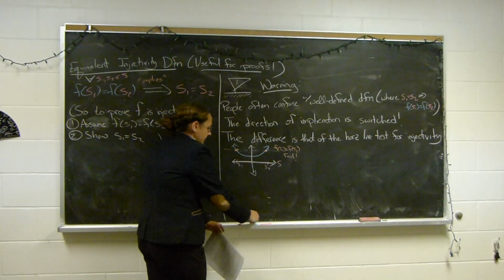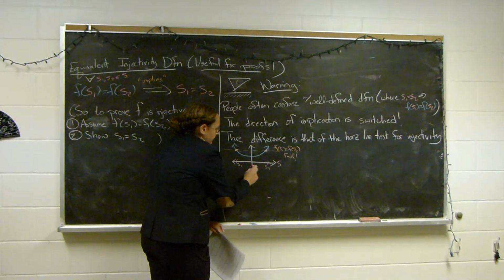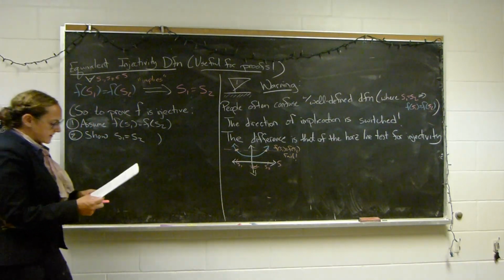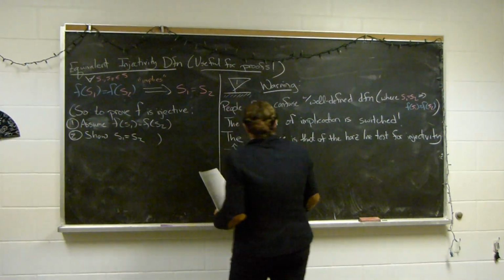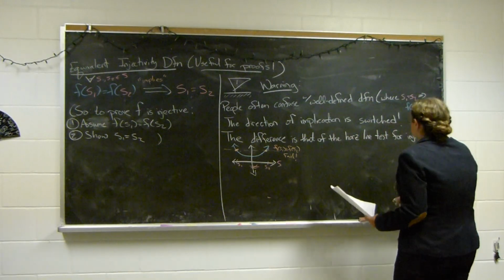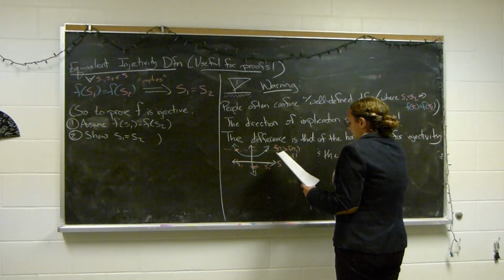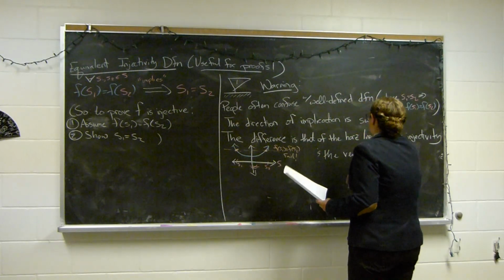Because S1 does not equal S2, but those outputs are the same. So that's how we'd fail injectivity. But this is different from the vertical line test for being a function.